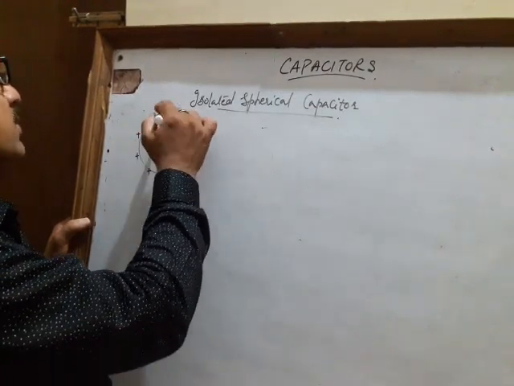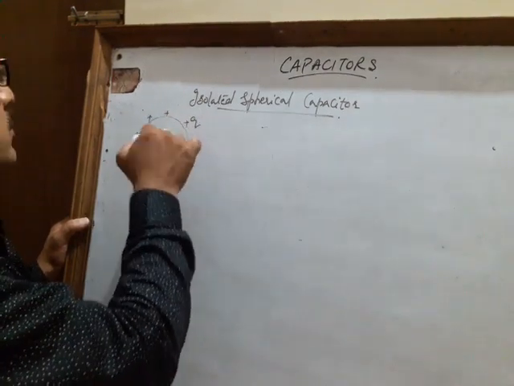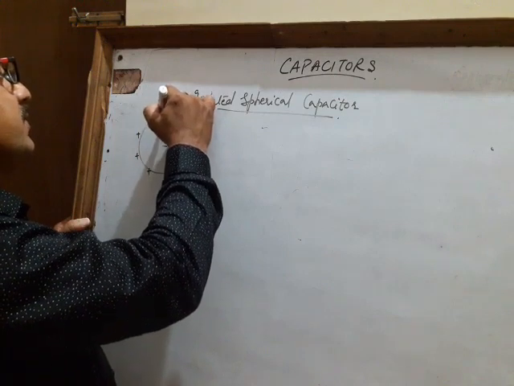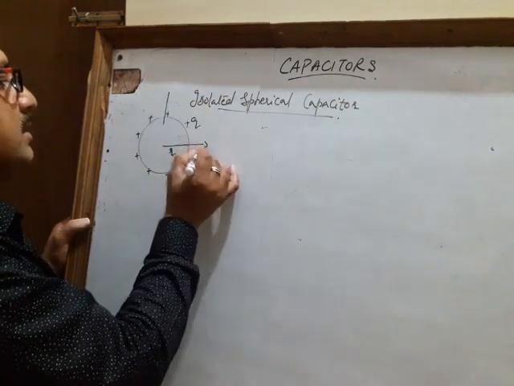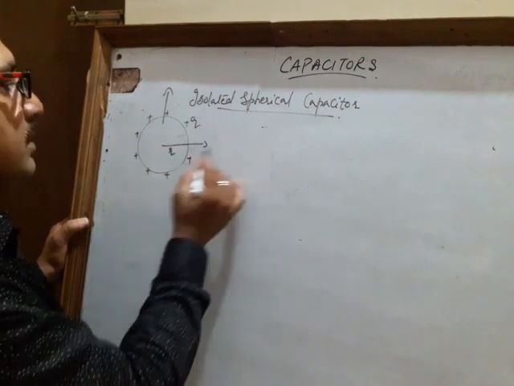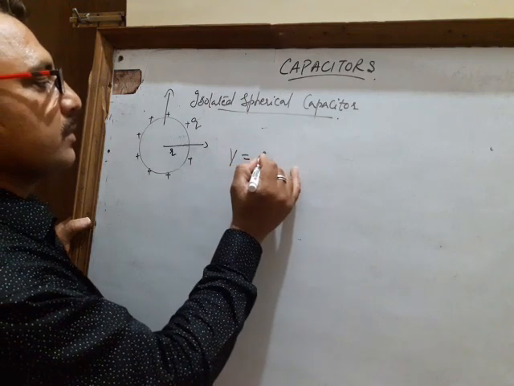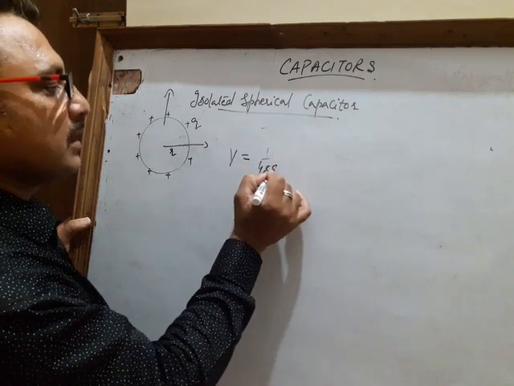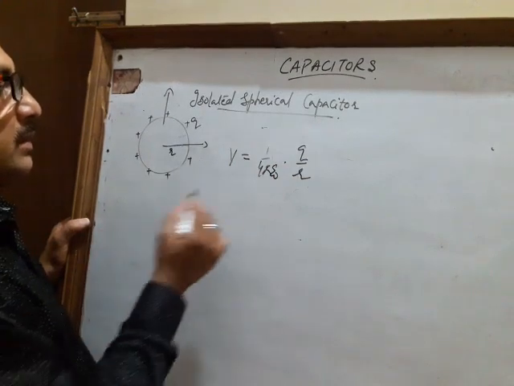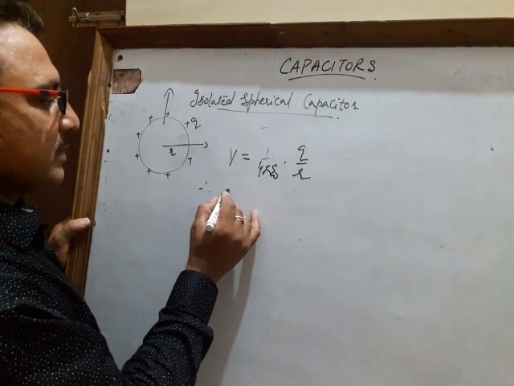So what will happen? We can consider that the amount of charge is concentrated at the center, as the field lines come out radially outward. So what is the potential of this conductor? V equal to 1 by 4 pi epsilon naught Q upon R. Therefore, what is the capacitance?